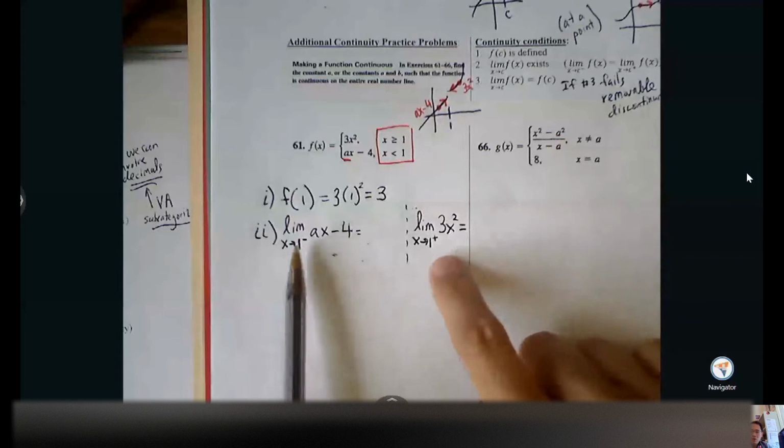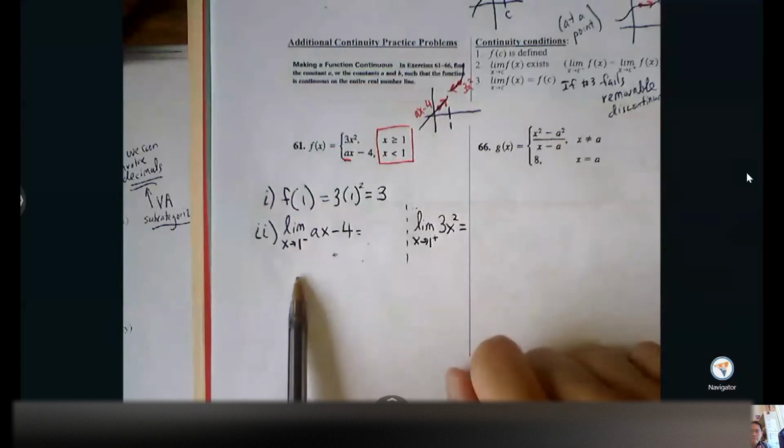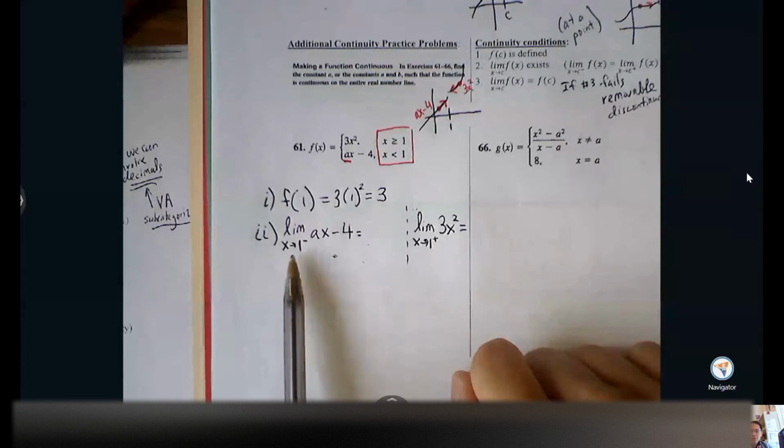All right, how do we evaluate these algebraically? Let's start with this one. How would you evaluate this algebraically?